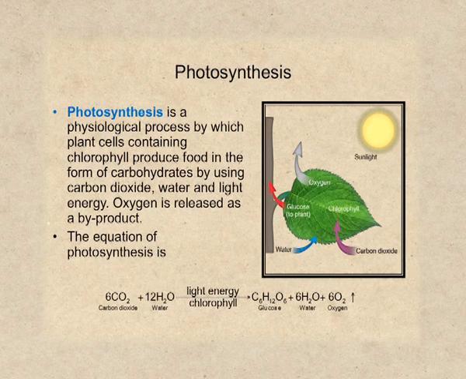Here again, since oxygen is released as a byproduct, you will see an upward arrow next to the oxygen. Remember, for every one photosynthetic cycle, 6 molecules of carbon dioxide will be converted into 1 molecule of glucose.